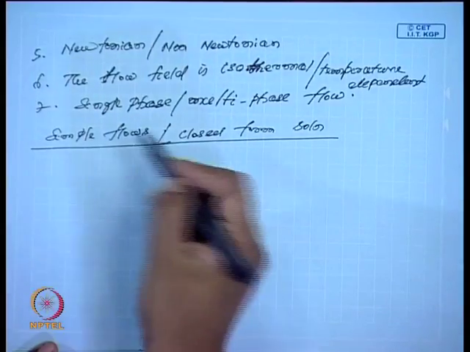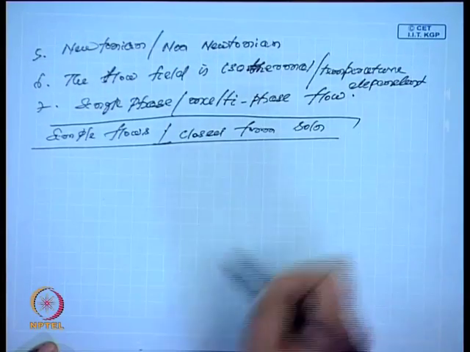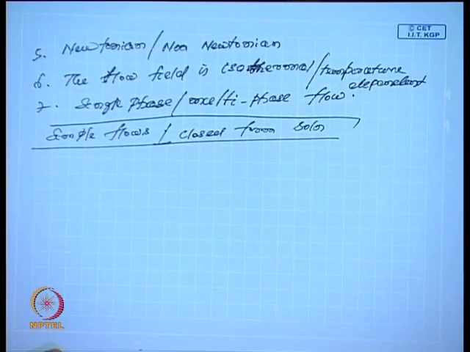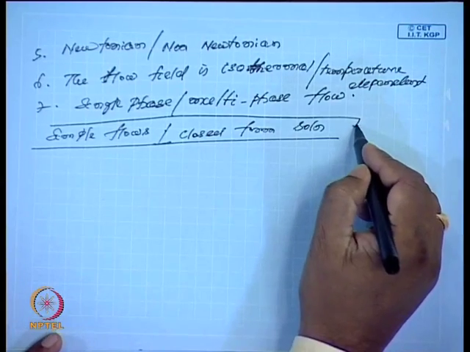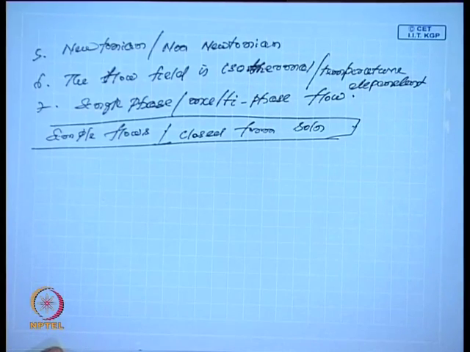Then the obvious question comes, if I consider simple flows where I can get a closed analytic form of solution, or maybe flows which only have a semi analytic or approximate solution, why is it important to analyze simple flows which have already been solved?